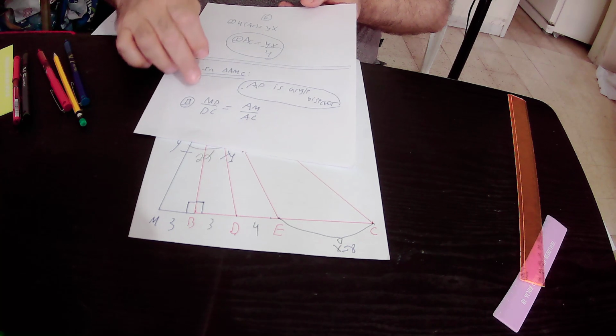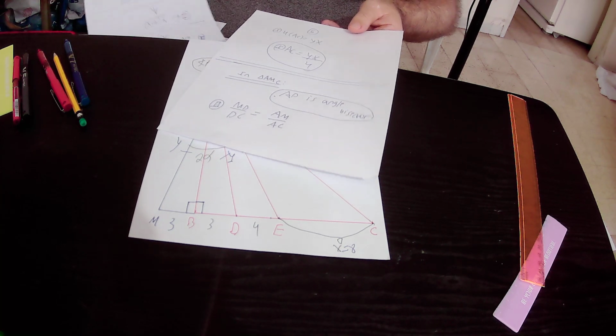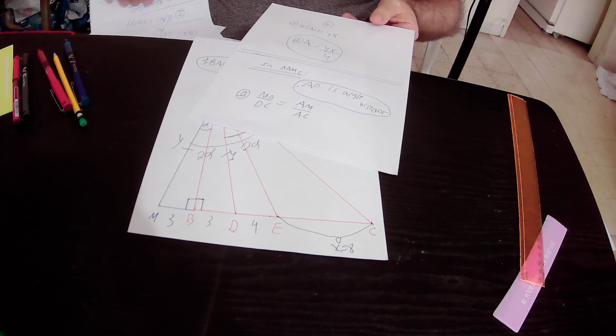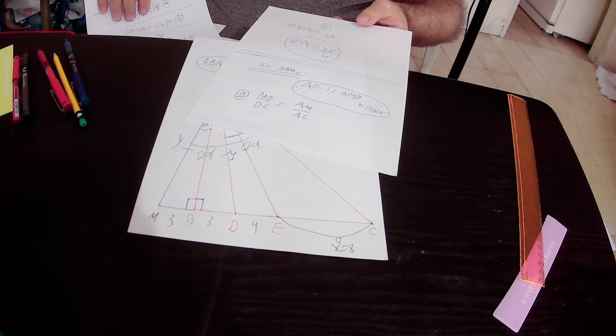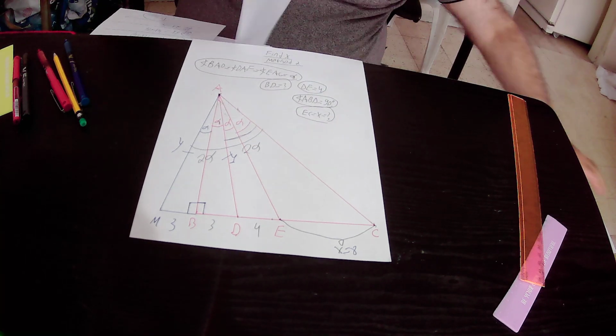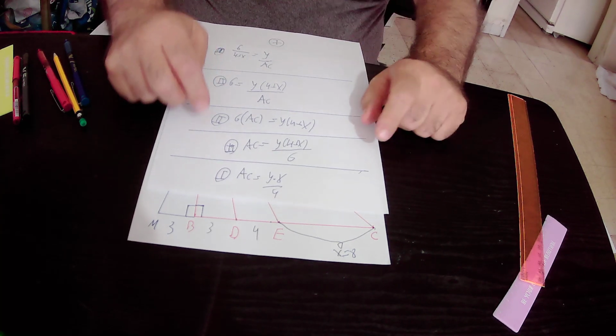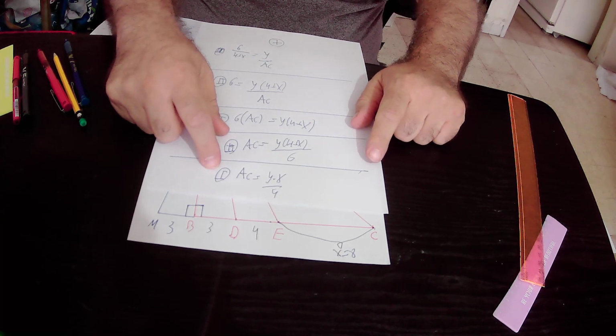From this equation, we know that MD equals 6, DC equals 4 plus X, and AM equals Y. So in total, we got this equation number 2, and we have equation number 1.